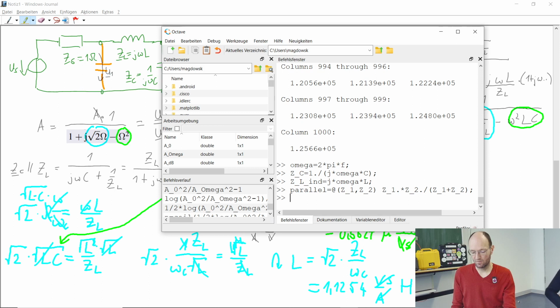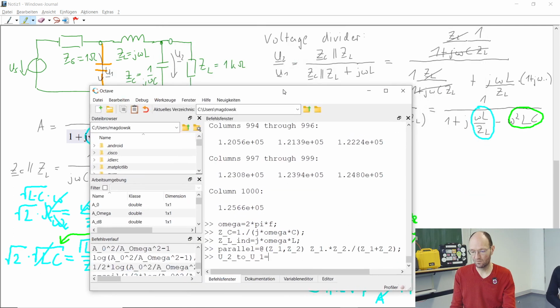So, and now we can write down our transfer function, and this is written on top there. So it's the parallel circuit of ZC and ZL, the load impedance.